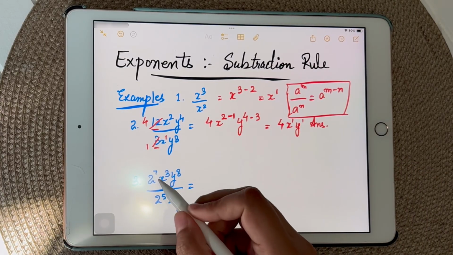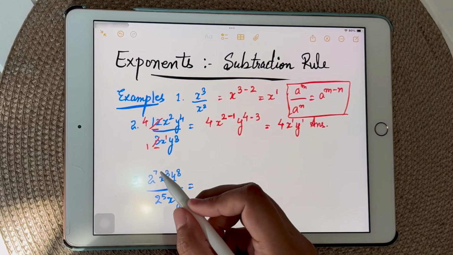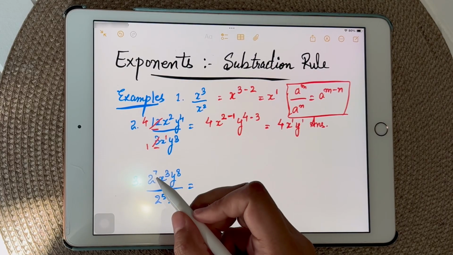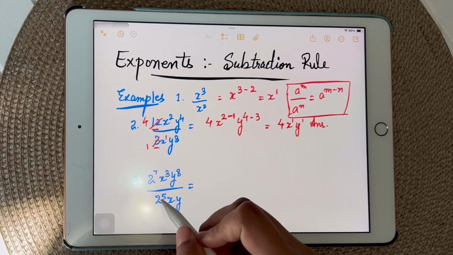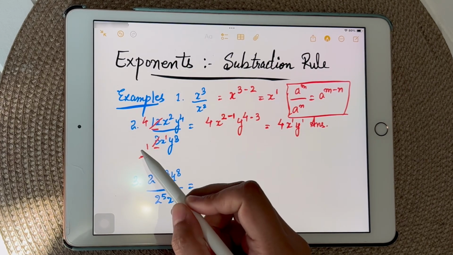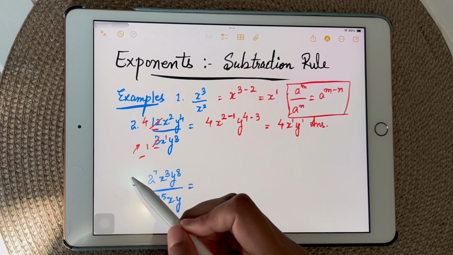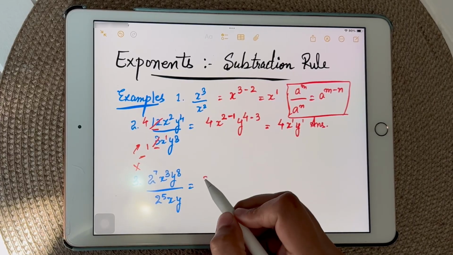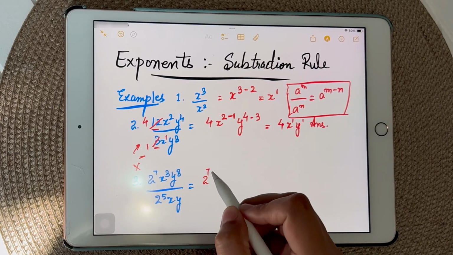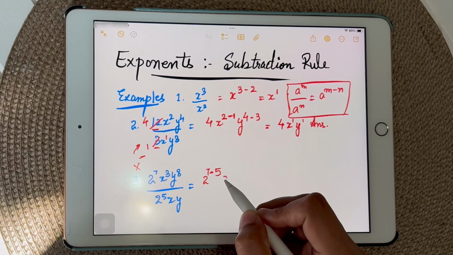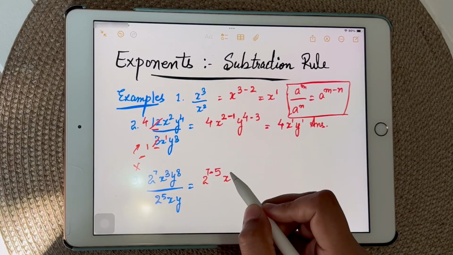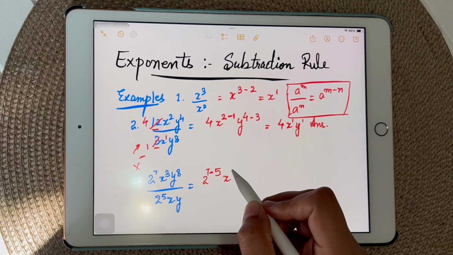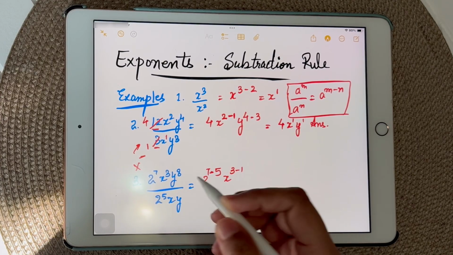Here we have a constant with different exponents, like 2 raised to power 7 and 2 raised to power 5. Here we can't apply the same rule which I applied here. No. Here we will take it as an exponent and our base 2 raised to power 7 minus 5, x raised to power 3 minus x raised to power 3 minus 1.